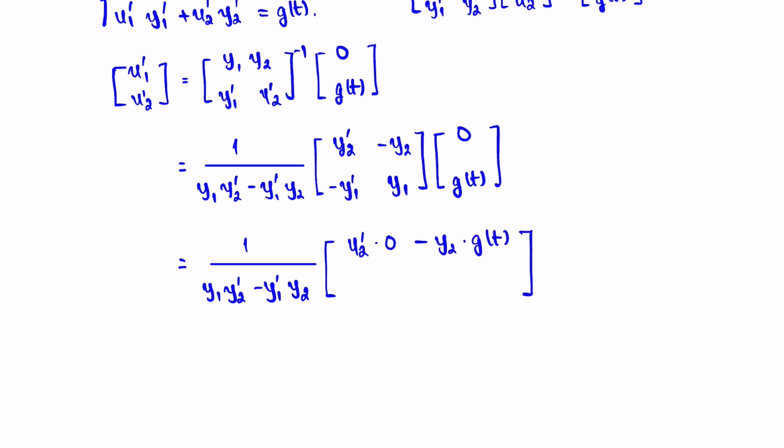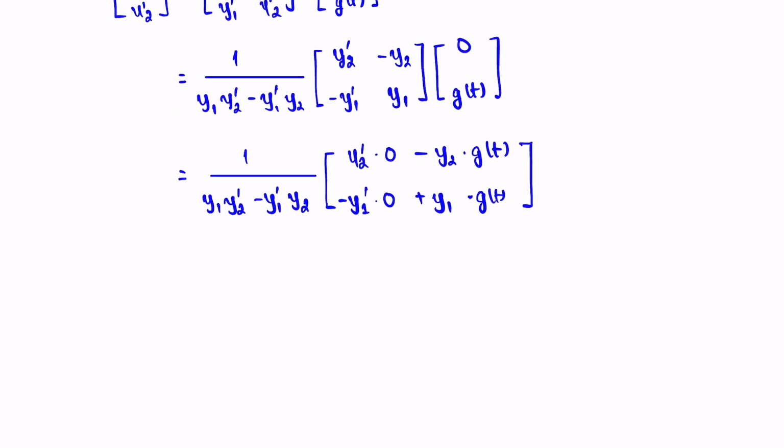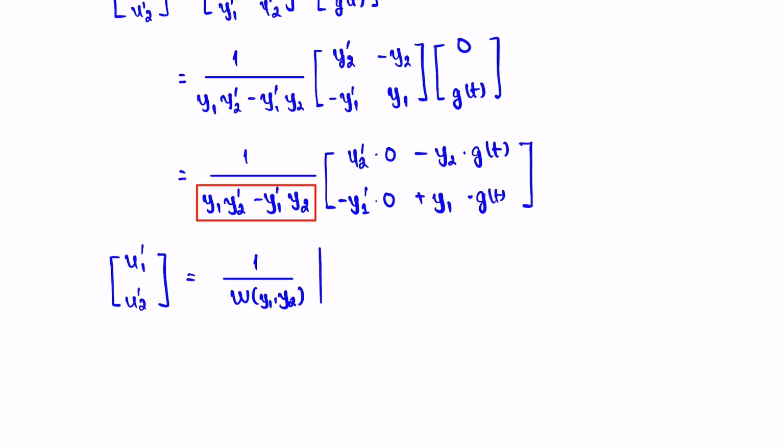The second entry is y1 prime times 0 plus y1 times g of t. Now I'm going to replace this part with the Wronskian. Therefore, u1 prime, u2 prime is equal to 1 over W of y1, y2 times the matrix negative y2 g of t and y1 g of t.